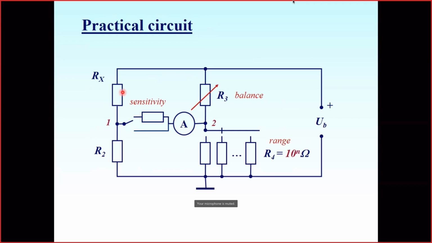If I need to measure lower resistances, or with higher accuracy, to use the whole range of R3, I take this resistor R4 higher than R2, for instance 10 times higher, or 1000 times higher. By this, I may change the range of my resistance measurement, having a limited range of the resistor box that I use for balancing.